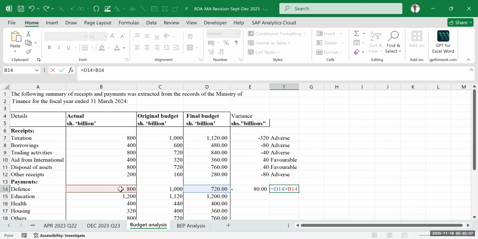Because we budgeted to pay more, but we've paid less. We shall have saved. And when we save, then that condition will be favorable for us. We shall have a saving from this ministry for that case.